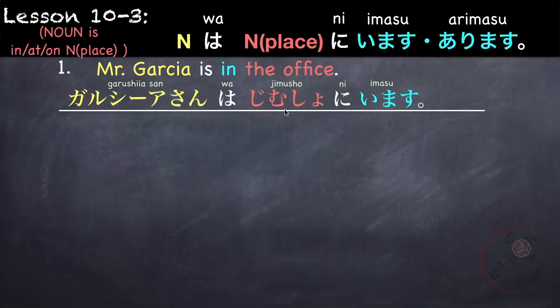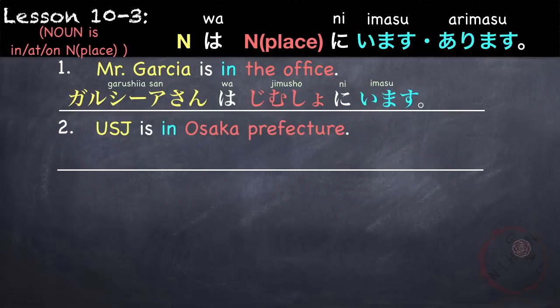Another example, USJ is in Osaka Prefecture. So USJ is short for Universal Studios Japan. And it is in Osaka Prefecture. So it's the katakana pronunciation of USJ.